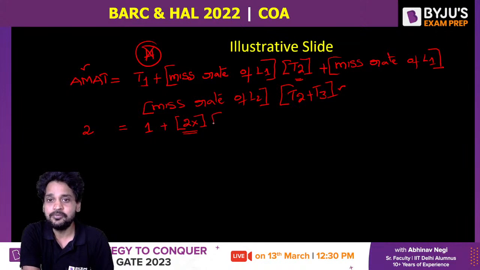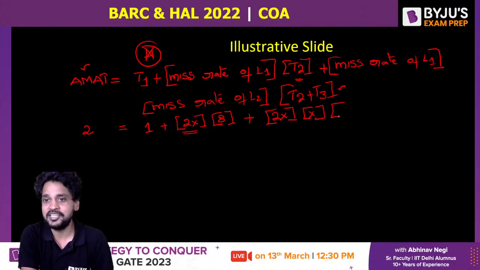What is T2? T2 is 8 clock cycles as it is given in the question, plus the miss rate of L1, which is 2x, plus the miss rate of L2, which is x.